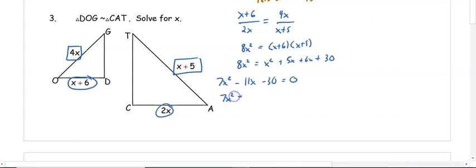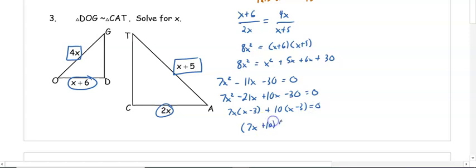So we would have 7x squared minus 21x plus 10x minus 30 equals 0. So in the first group, our GCF is a 7x. That leaves us with x minus 3. In the second group, our GCF is 10. That leaves us with x minus 3. So this factors as 7x plus 10 times x minus 3 equals 0.